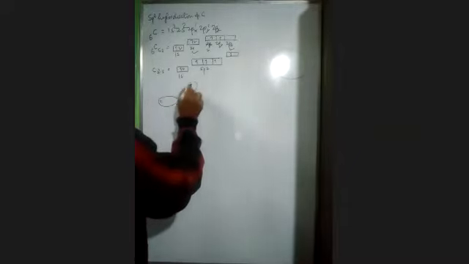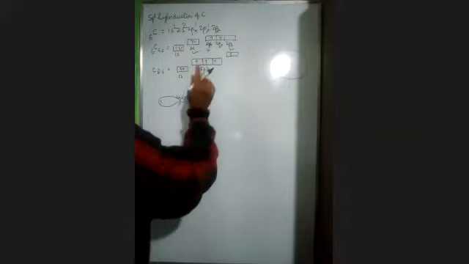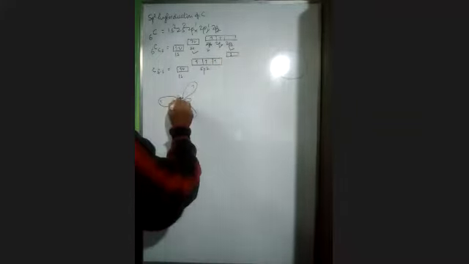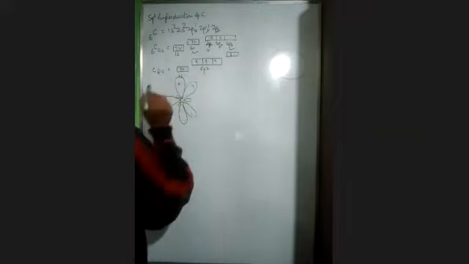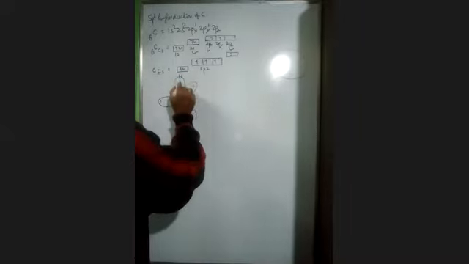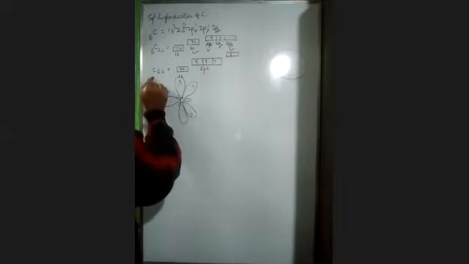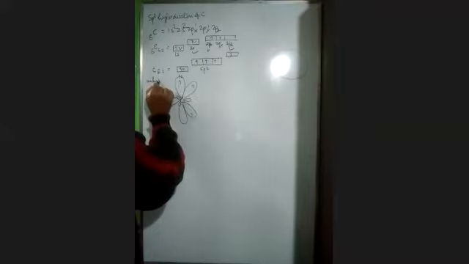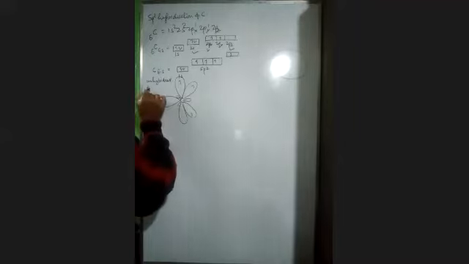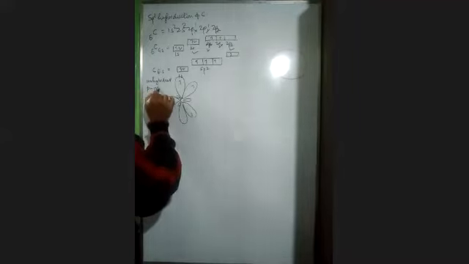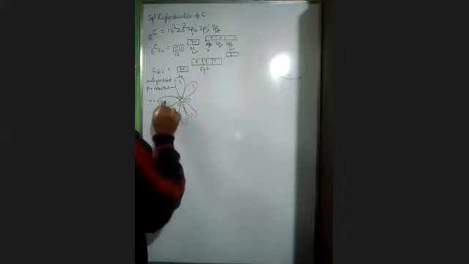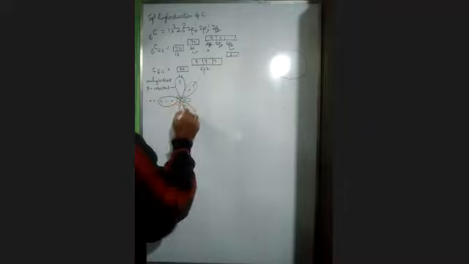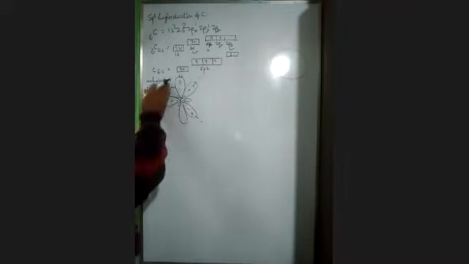See here. These orbitals have electron now. So this orbital electron will be, okay. So this is unhybridized p orbital.